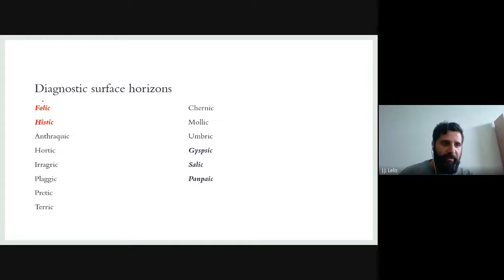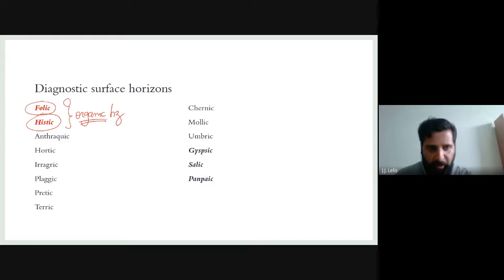We discussed the folic and histic horizons. They both are organic horizons, so they present a high content of organic carbon, at least 20% organic carbon in these horizons.